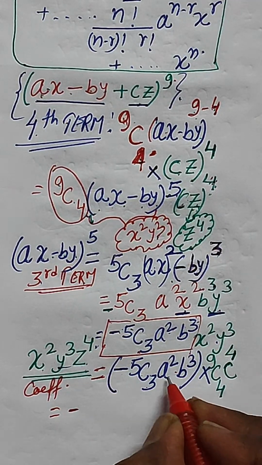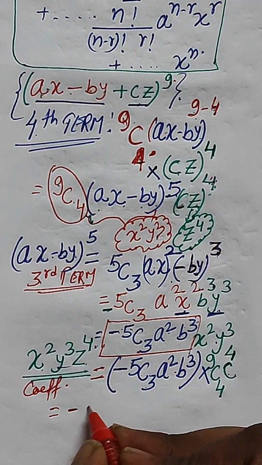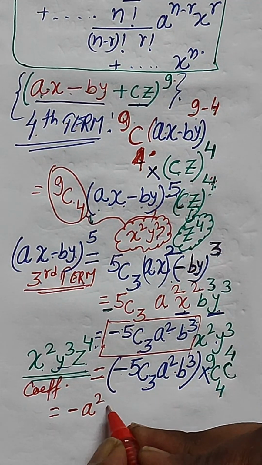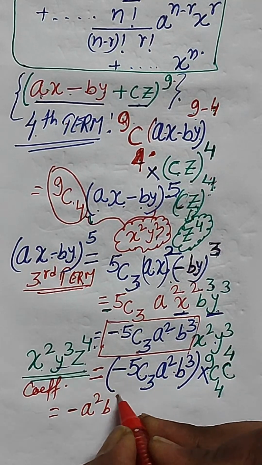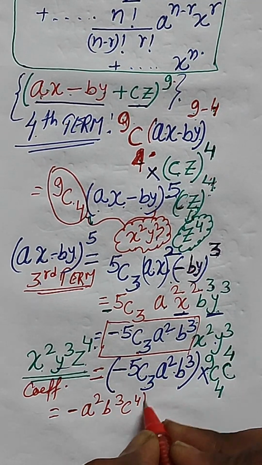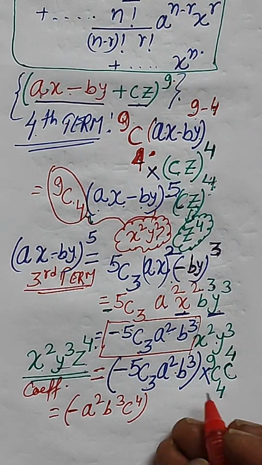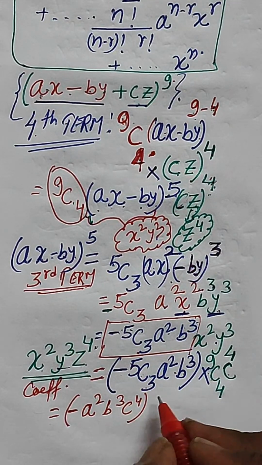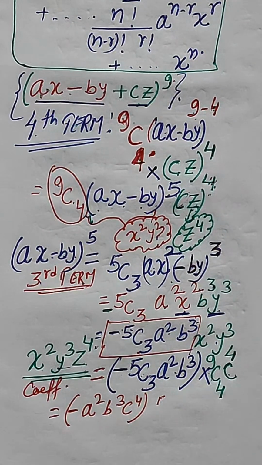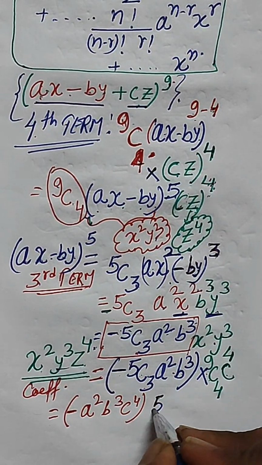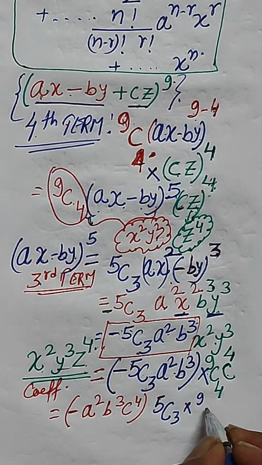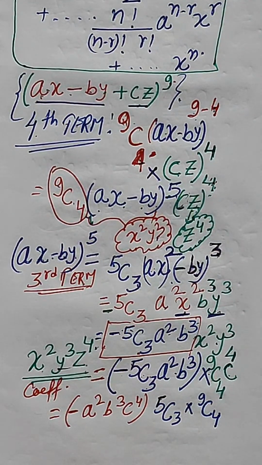minus. First remove all the alphabets, and thereafter you can work on the numerals. Minus a square b cube c4 is kept in one bracket, and we are left with 5c3 multiplied with 9c4.